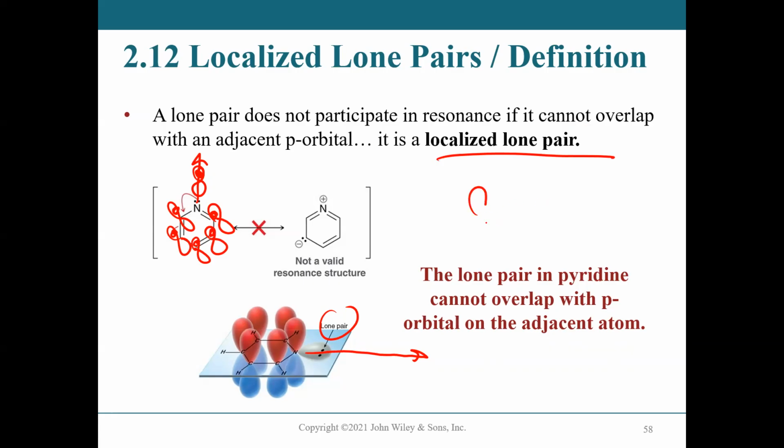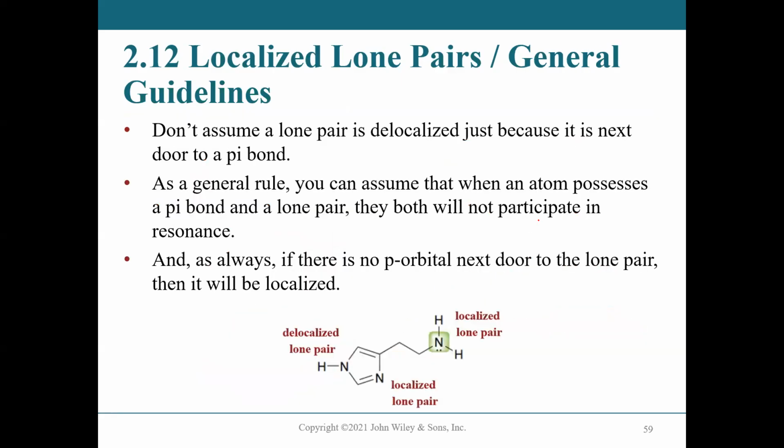If we have stuff like this, and then we have a lone pair that's sticking out over here, it's not contributing over here. So don't assume a lone pair is delocalized just because it is next to a pi bond.